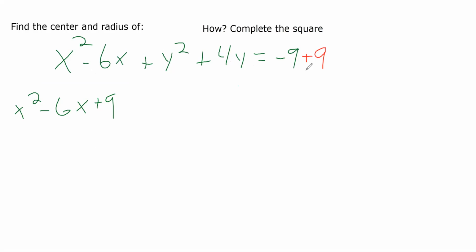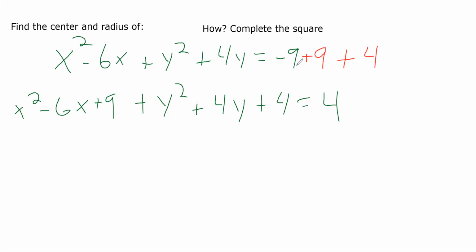So that's going to be plus y squared plus 4y, plus a 4 in there, but again, I can't just do it to one side only. So I need to add a 4 here as well. So all in all, on the right-hand side, -9 plus 9 is 0, but add a 4 back onto it, and you'll get a 4 in total.